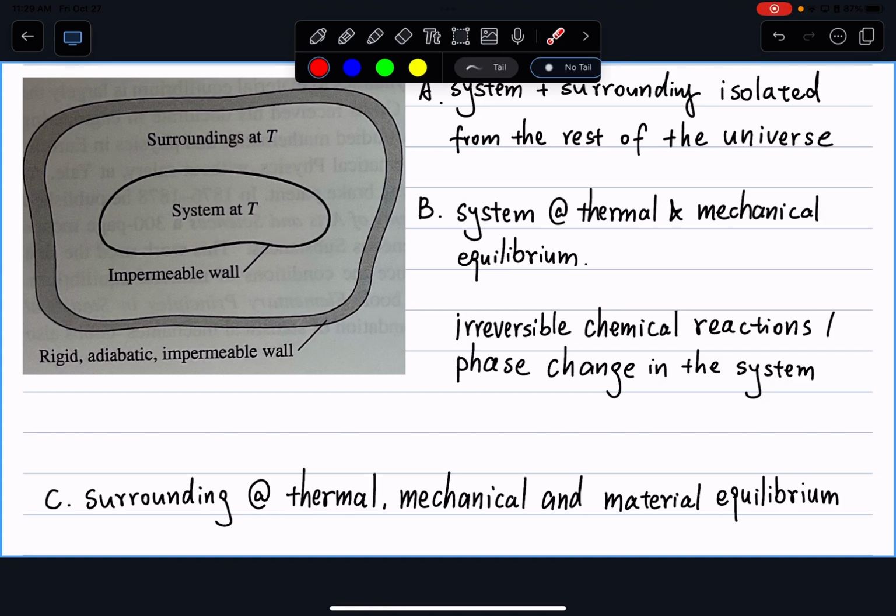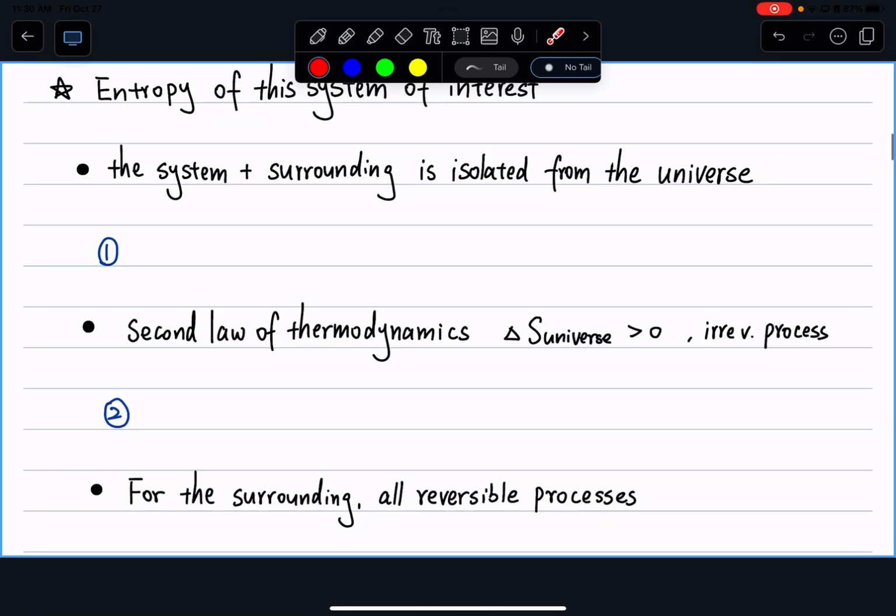So then we're looking at the entropy of the system where you have irreversible processes taking place. Let's do it step by step. When the system and surrounding are isolated from the universe, what we're effectively saying is that dq system must equal negative dq surrounding.